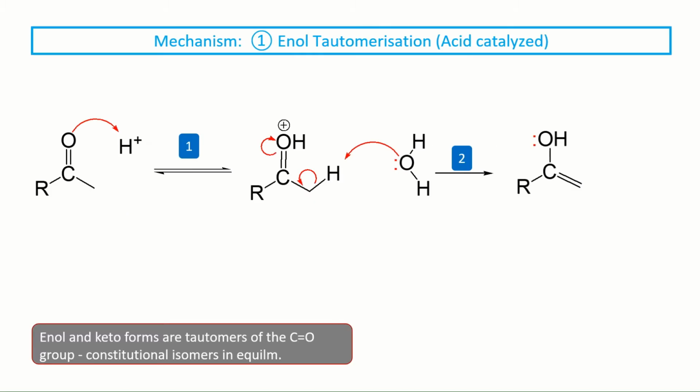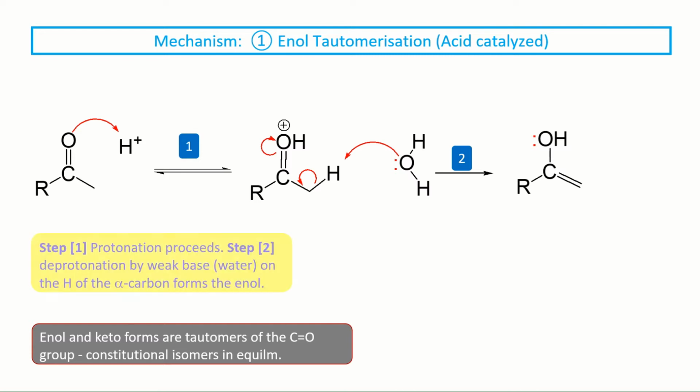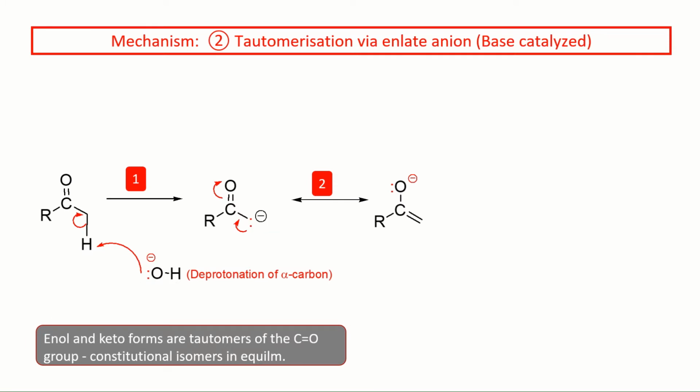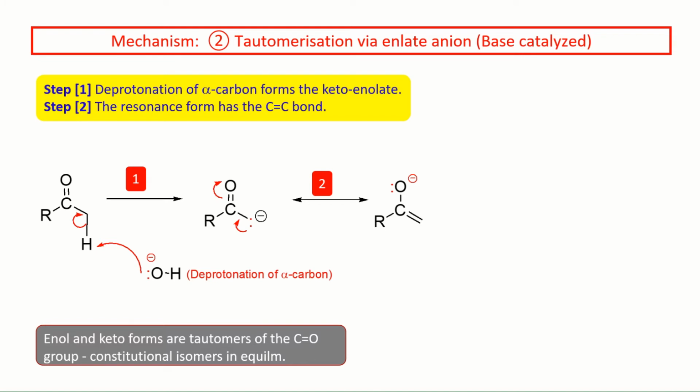So herein you have the mechanism for the enol tautomerization. You can protonate, in this case of a weak base, and then of course you can see the deprotonation will take place to give you the enol. Herein, under basic conditions, we can deprotonate to give us the enolate, and you can see that enolate has that resonance structure.